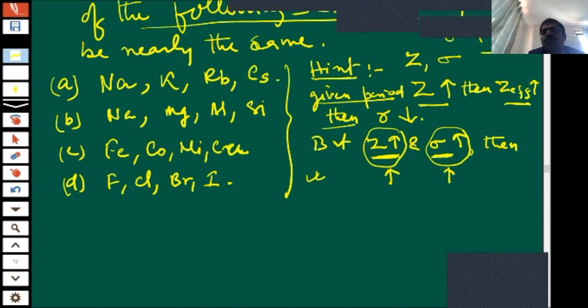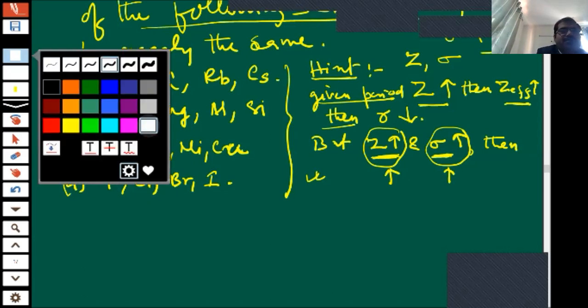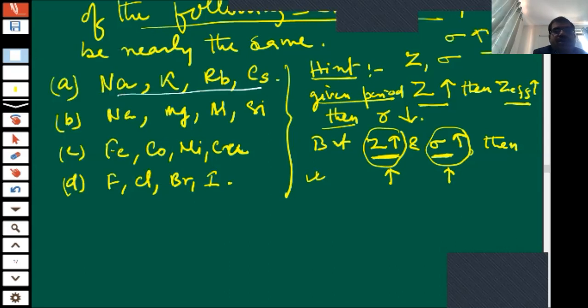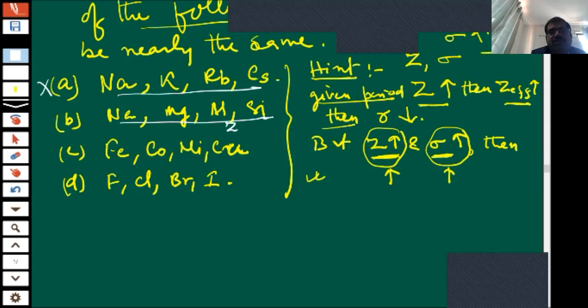Children, first of all, see, those are not from the same period, so this option cannot be done. Again, sodium, magnesium, aluminum, silicon are from the same period, but when you move from left to right, Zeff continuously increases.